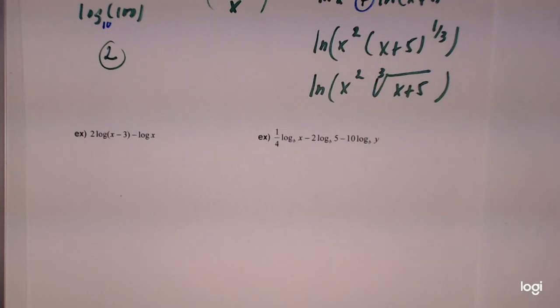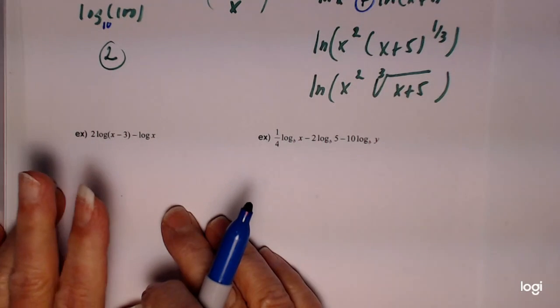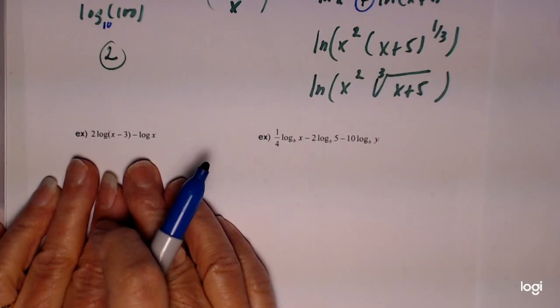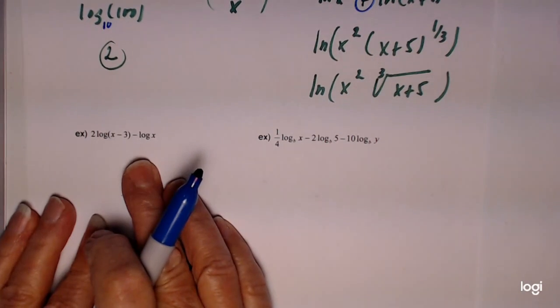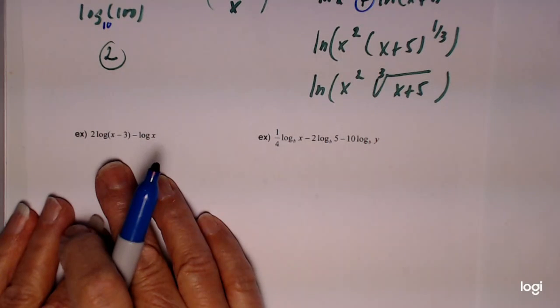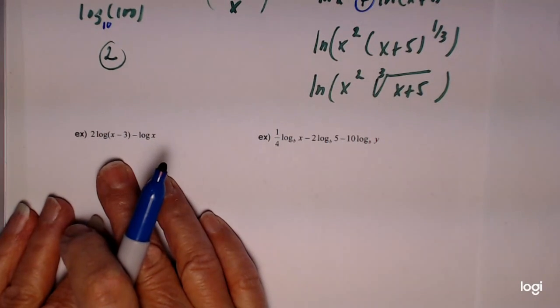Continuing with this idea of condensing logarithmic expressions, or taking two or more log expressions and putting them together so that you end up with one, let's take a look at this example here. I said in the earlier video, the first thing we want to do is put any exponents that are down in front as a coefficient back where they belong.